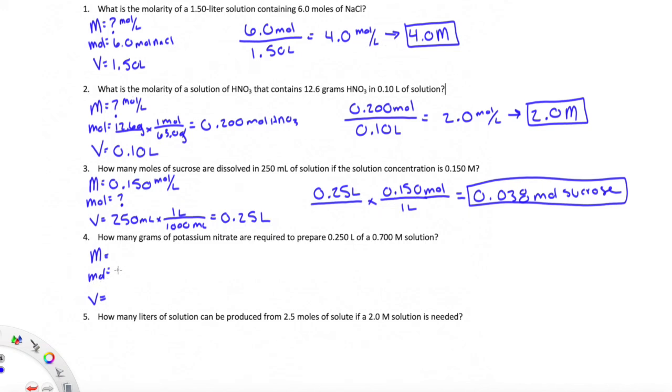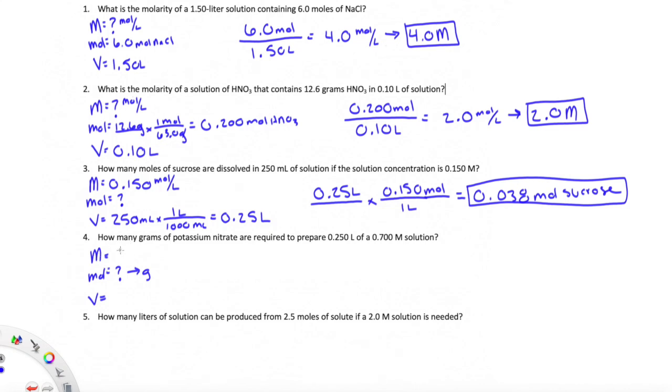And so I'm going to go ahead and say that this is my question mark, but then I need to convert it to grams. So I need to figure out how many moles I have, and then I need to convert moles to grams. Okay, so let's fill in the rest of the information.